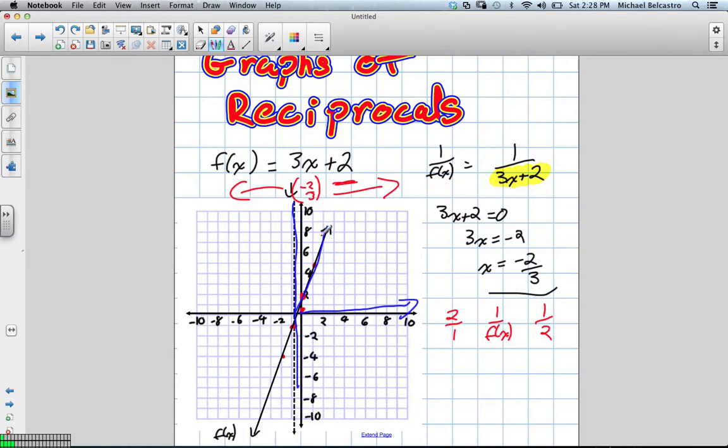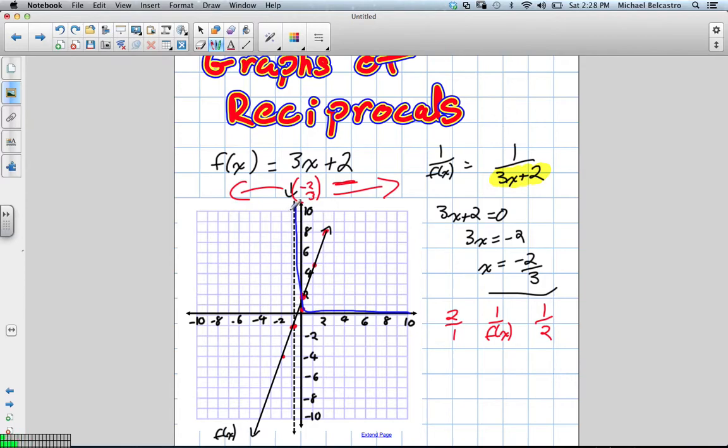In a positive or negative direction? A positive direction, which means this part of the reciprocal function is going to be positive. That makes sense too with what our y-intercept was. Our y-intercept was above the x-axis. Therefore, in order for the reciprocal function to touch it, it pretty much has to be above the x-axis, okay?